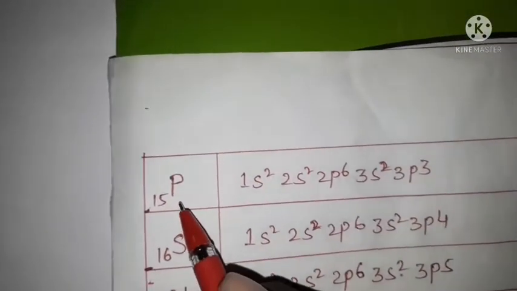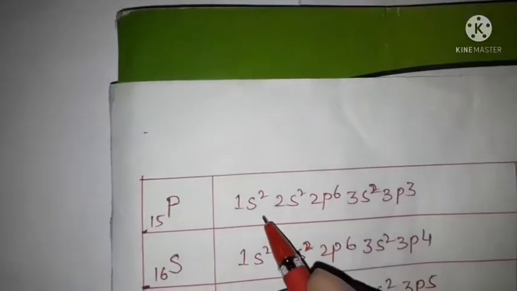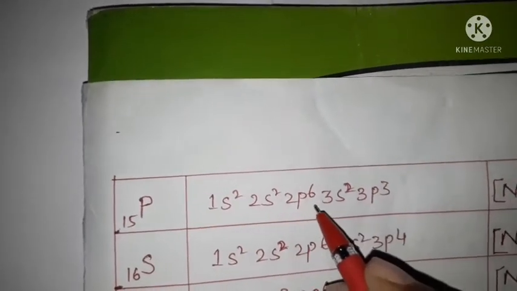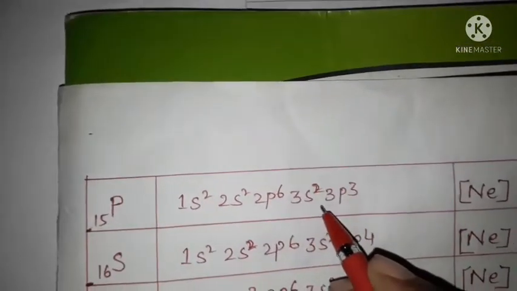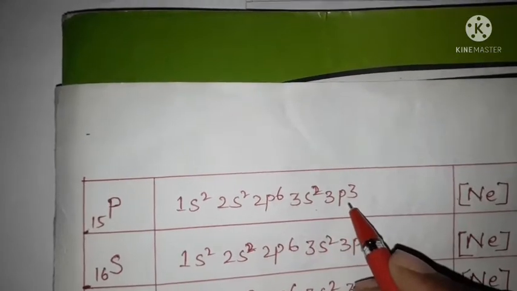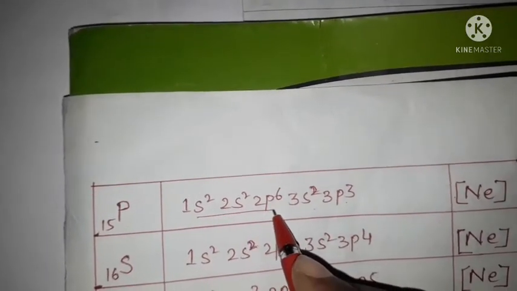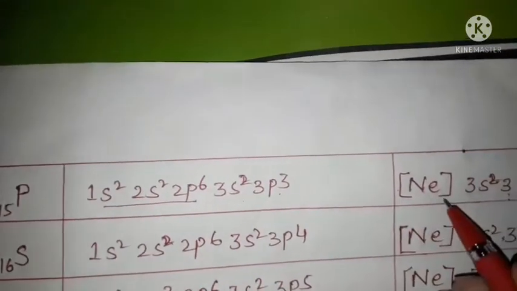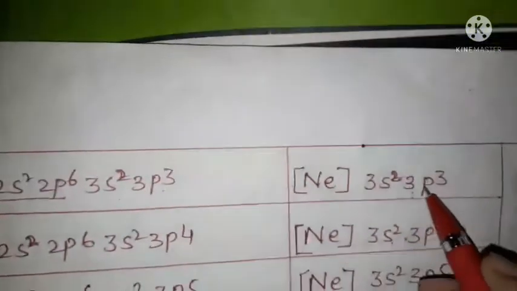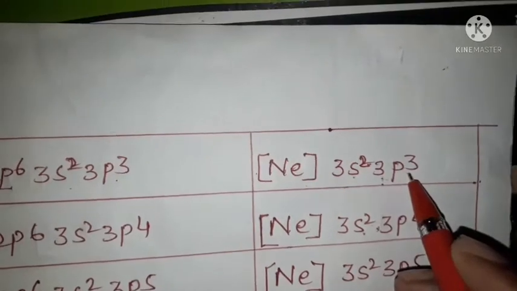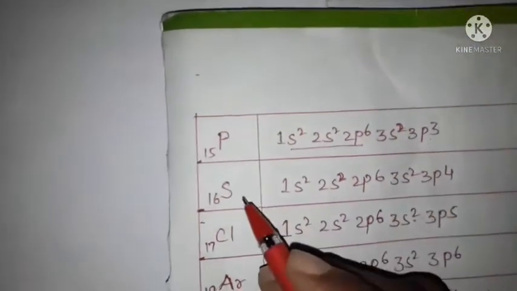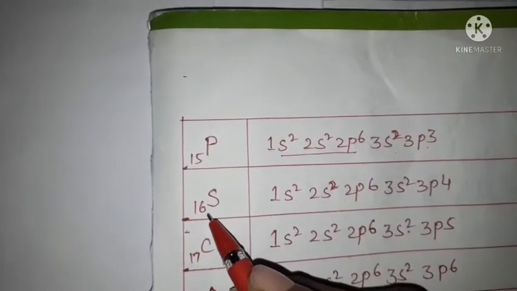Now Z of phosphorus is 15, so we write 1s2, 2s2, 2p6, 3s2, 3p3. Here 10 electrons is equal to neon, so we write neon 3s2, 3p3, that is equal to 15 electrons.